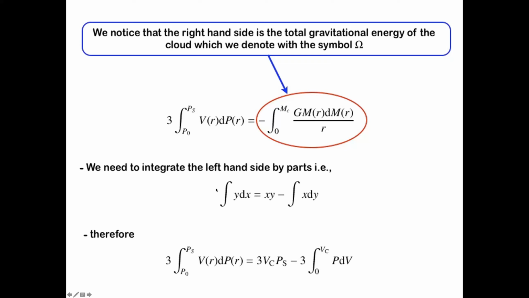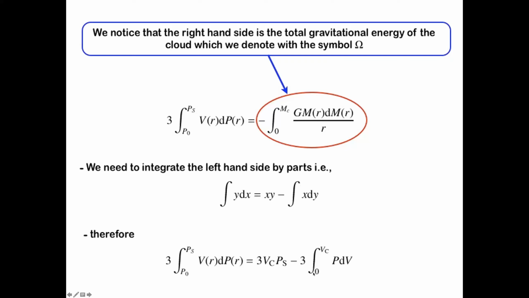So the left hand side here can be rewritten in this form here. This is the general expression for the integration by parts. If you do that to this expression here, you now get 3 times the volume of the cloud times the surface pressure, minus, see here, x is your, here is the pressure.